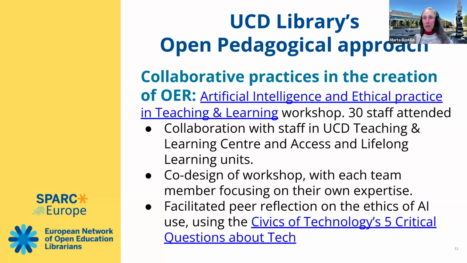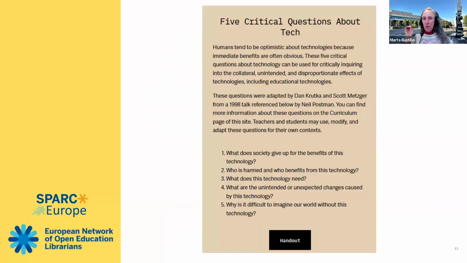If you've never heard about this project, I really urge you to go and have a look at it. It's also an open educational project. And they ask 5 critical questions about any technology. What does society give up for the benefits of this technology? Who is harmed and who benefits from this technology? What does this technology need?